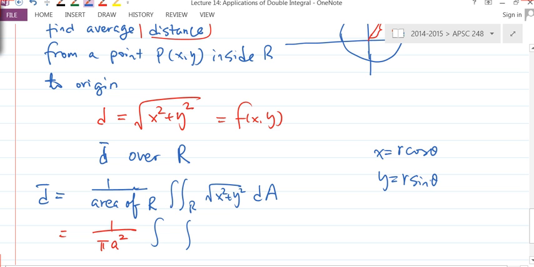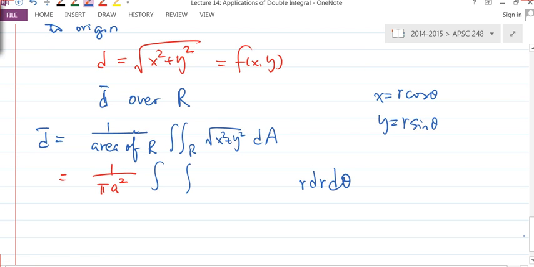At the same time, dA will become r dr d theta, right? One student came to me this morning and couldn't figure out the right answer because they didn't have the r here. So make sure you write it ten times to get that right.